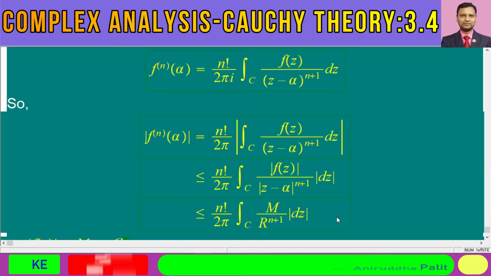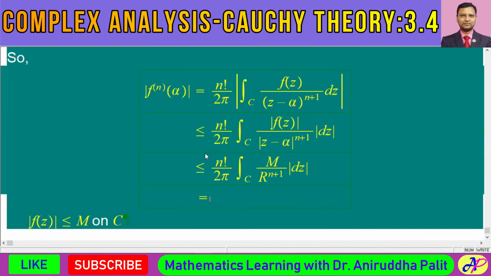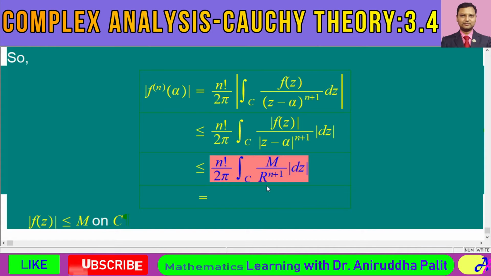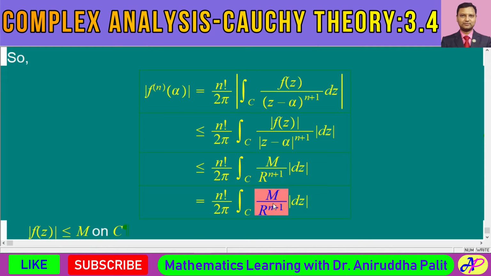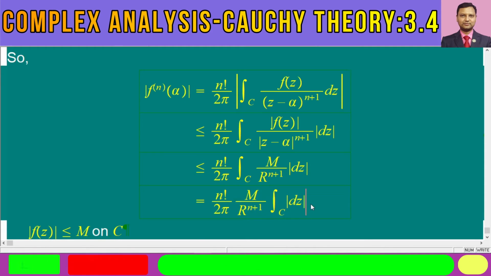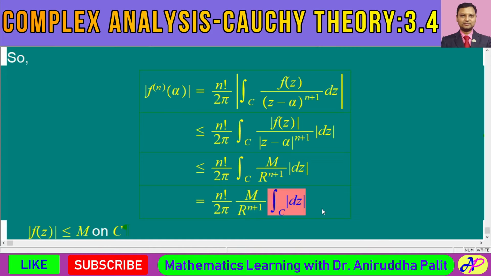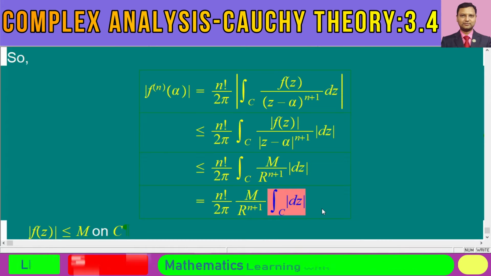And what would be the value of this expression? You see, over here this constant can be taken outside the integral sign. So this is the integral of the modulus of dz, and this is nothing but the length of the total curve.